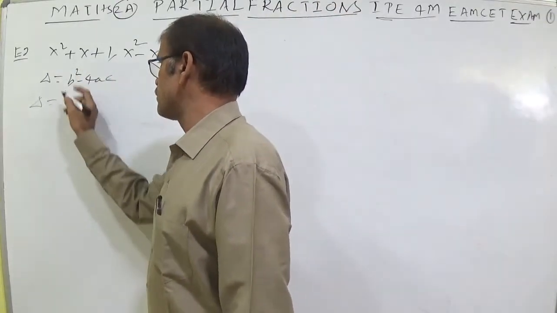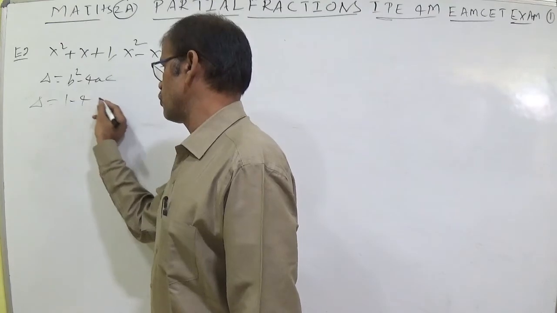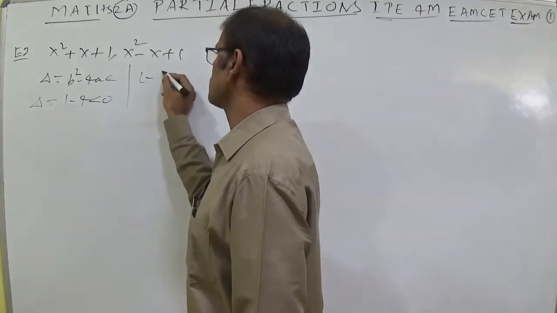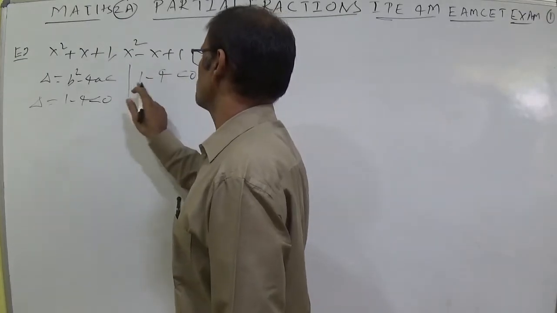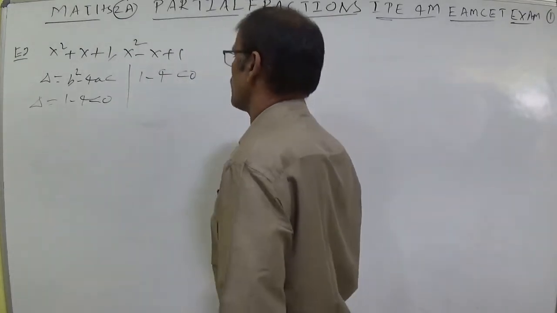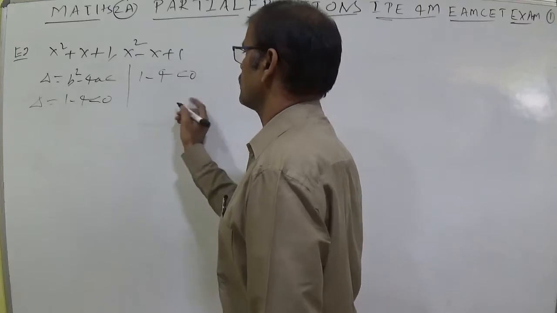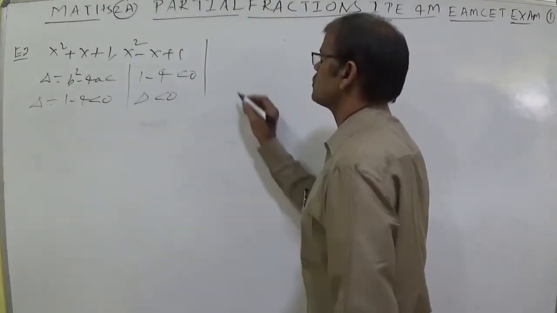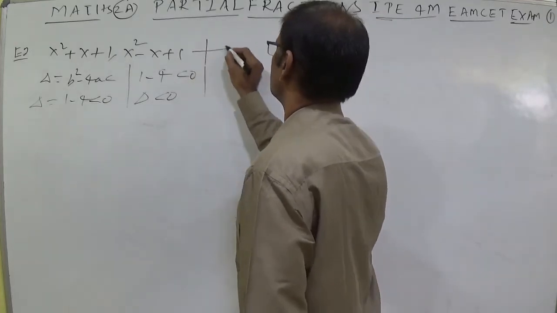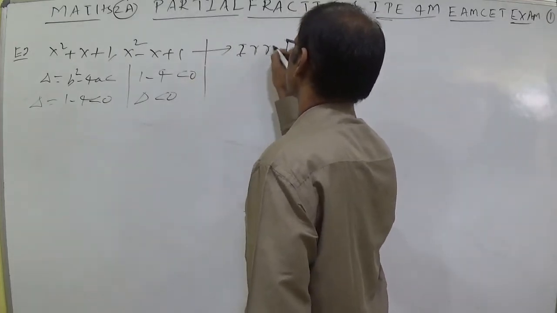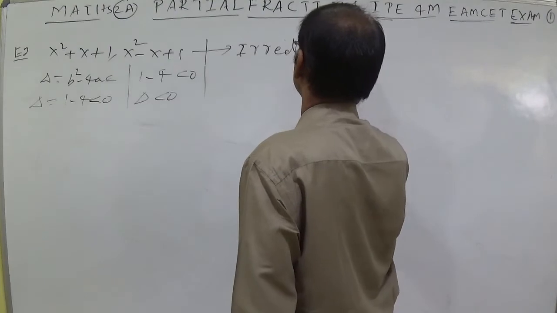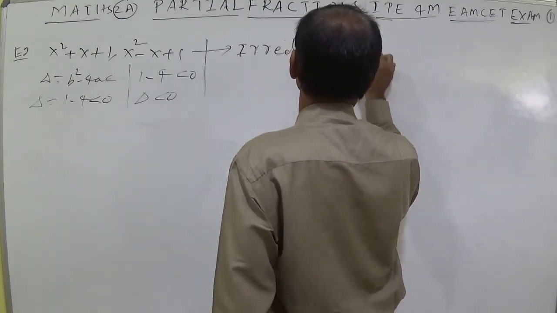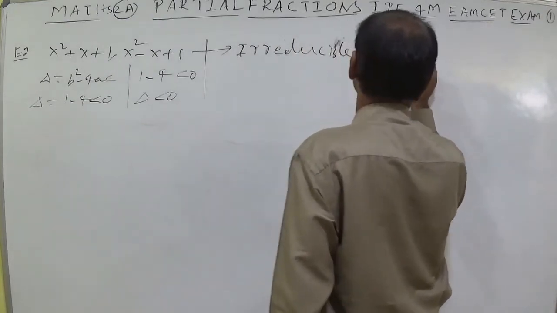What is the value of the discriminant here? 1 minus 4, which is less than 0, equal to minus 3. Here also 1 minus 4, which is less than 0. Whenever for a quadratic delta is less than 0, then it is an irreducible polynomial. These are irreducible polynomials.